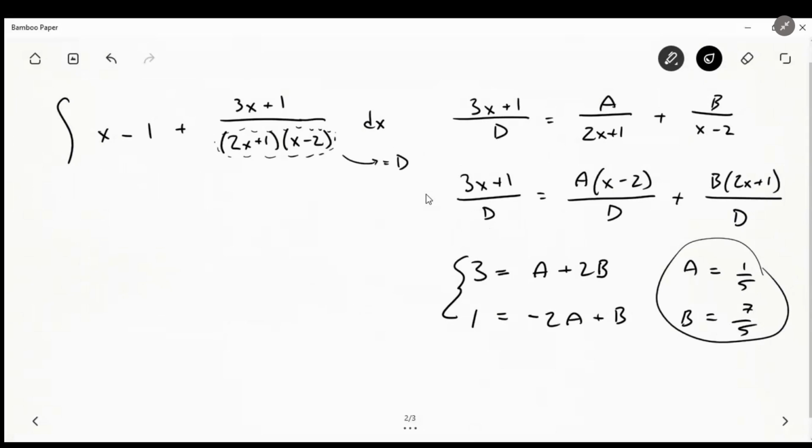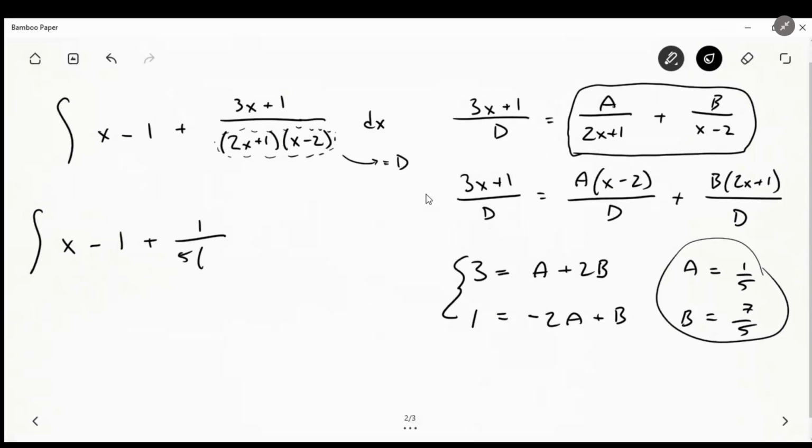So now that you've got these, you can plug them into here, and you're left with the integral of x minus 1 plus 1 over 5 times 2x plus 1 plus 7 over 5 times x minus 2. And you can just integrate that term by term, and that should be a much easier problem to do than the one that we were looking at originally.